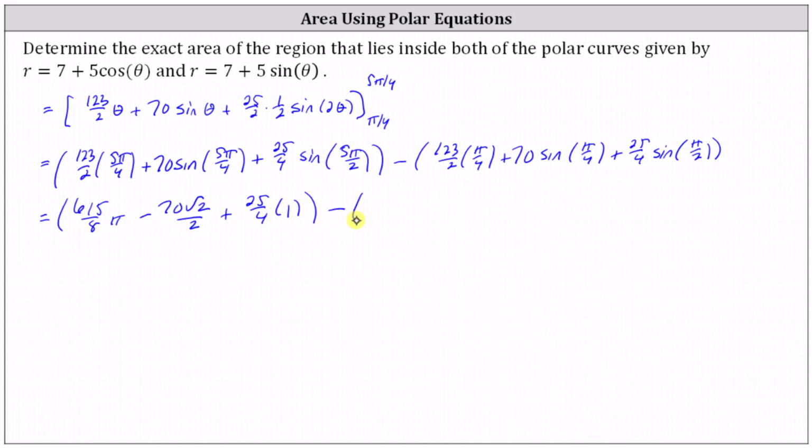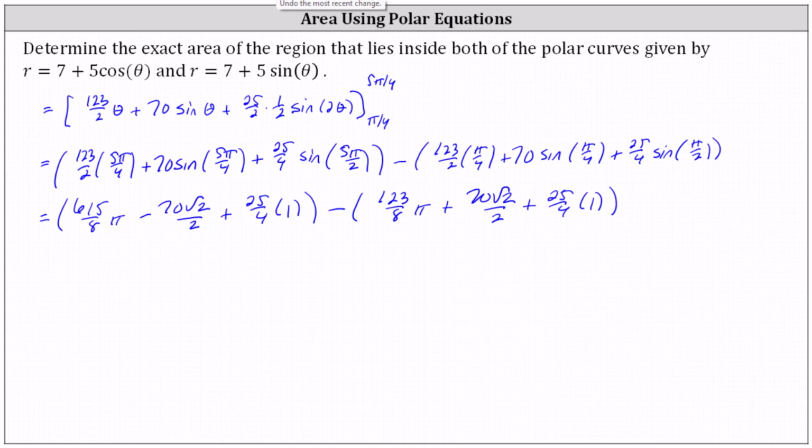And then minus 123 divided by 2 times pi divided by 4 is 123 divided by 8 times pi, plus 70 times sine pi divided by 4 is 70 times square root 2 divided by 2, giving us 70 square root 2 divided by 2. And then finally, plus 25 fourths times sine pi divided by 2, which is equal to 1.